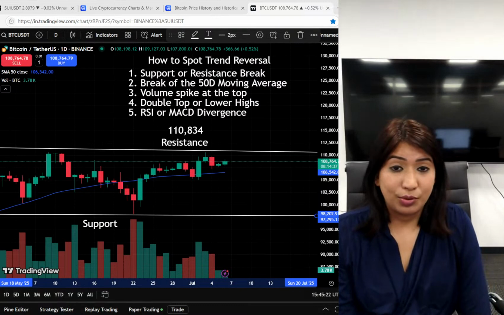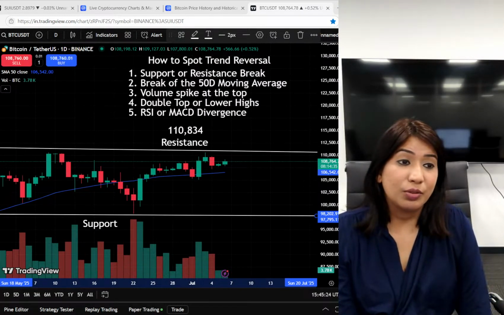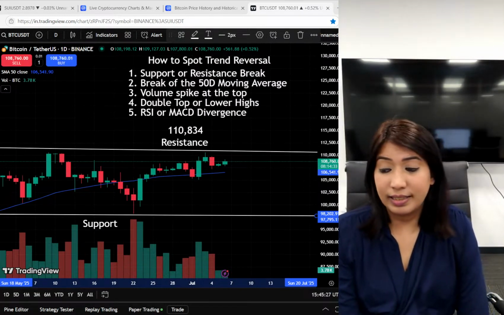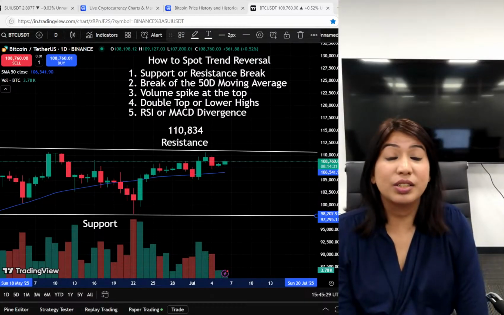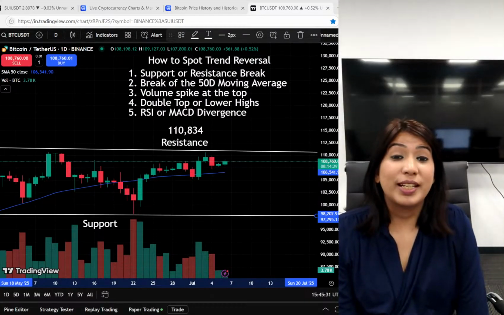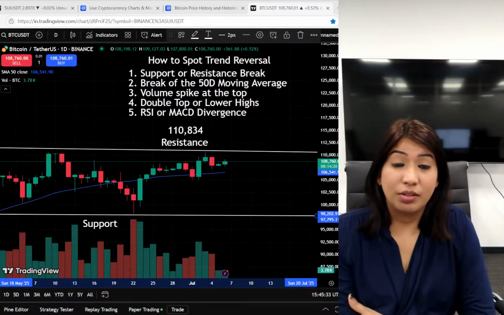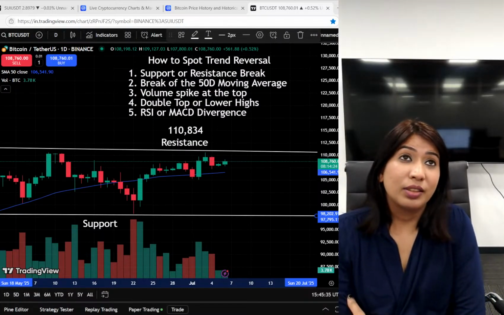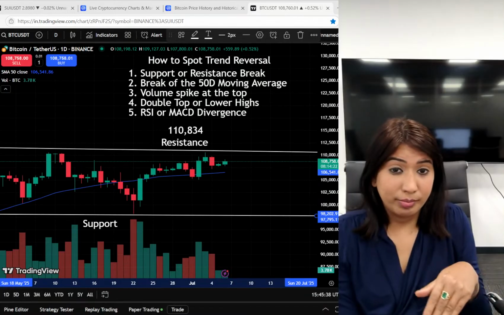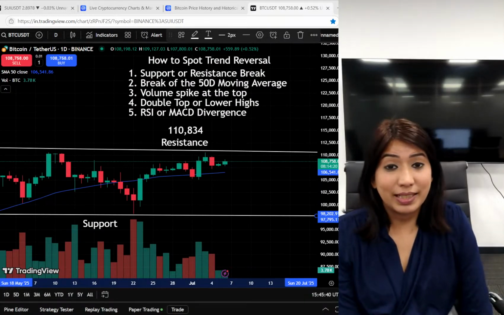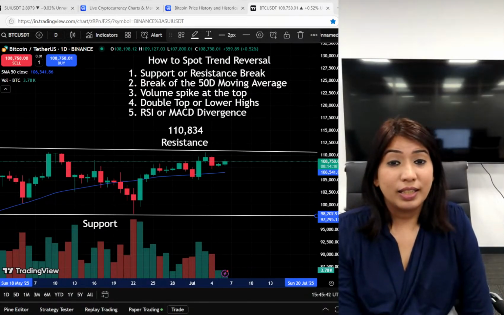MACD divergence also matters a lot, guys. When you see MACD crossing the signal line and getting into bullish territory, then it's an uptrend. And if you see it crossing the signal line down below the zero line, then it is basically bearish territory, then it's a downtrend.